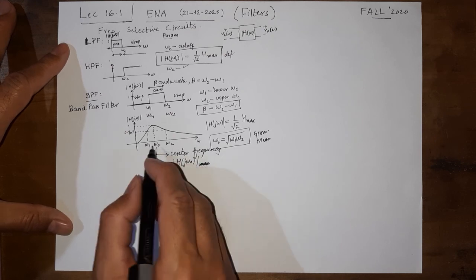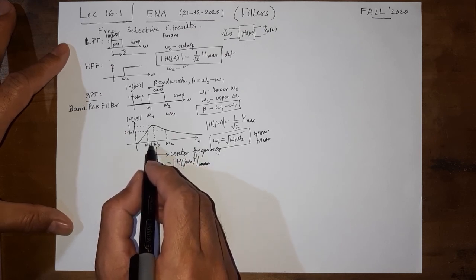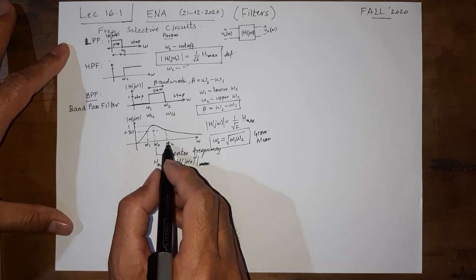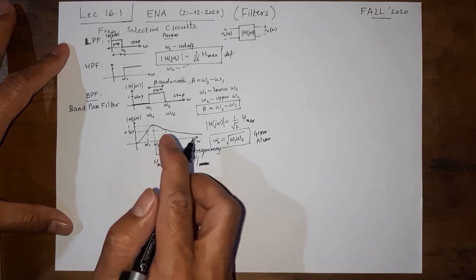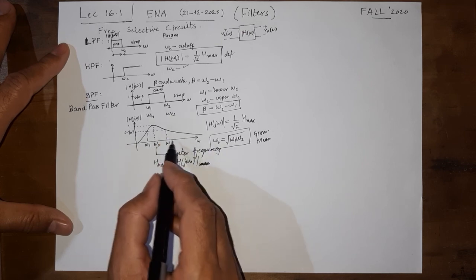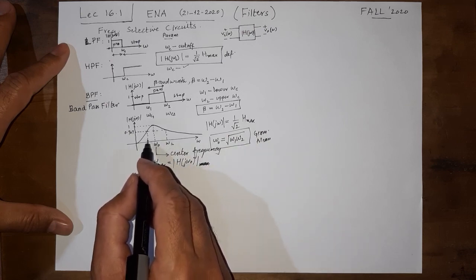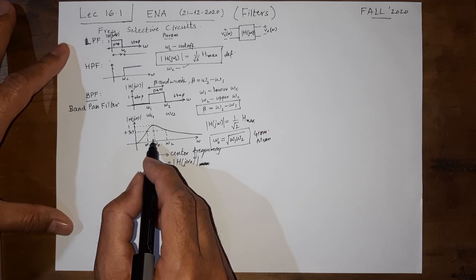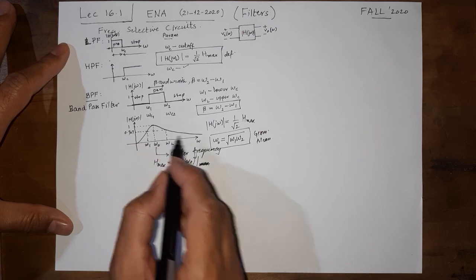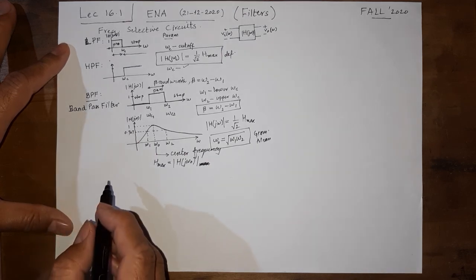And you will come to understand that omega 1 is closer to omega naught than omega 2 is. This is how a geometric mean behaves. So this distance on the frequency scale is smaller and this is larger. That is how a geometric mean works.